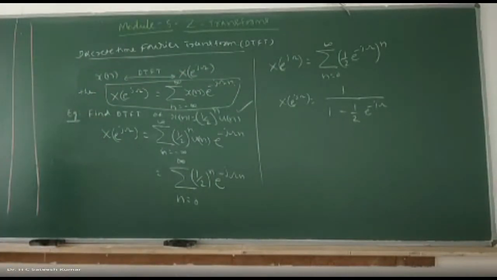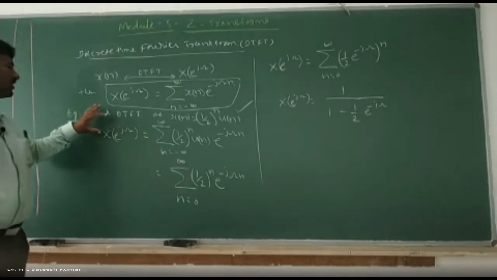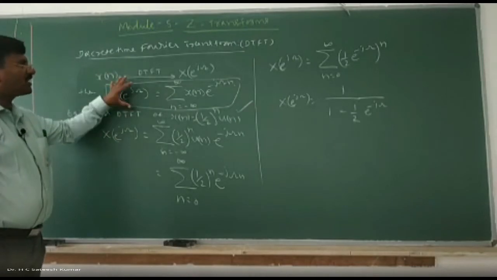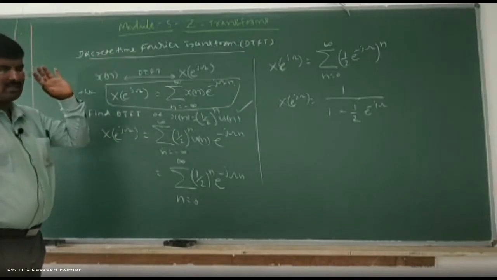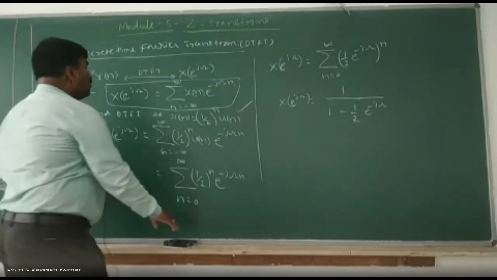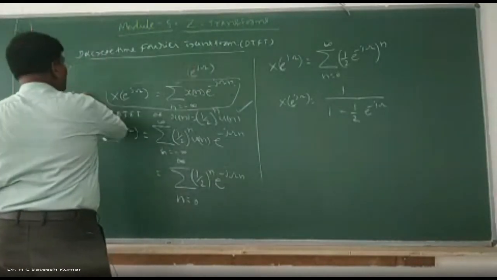Okay, right. So now, using this concept, we shall relate Z transformation and Fourier transformation. Just to familiarize, this is the definition, and one example I have taken just to familiarize with the discrete time Fourier transformation. Now I want to relate what is the relation between Z transformation and Fourier transformation, the discrete time Fourier transformation, right?